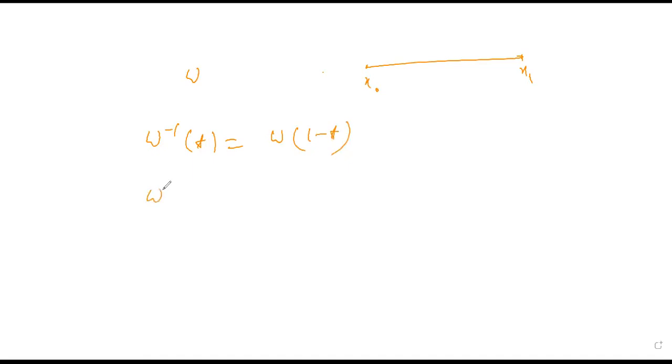We will show that omega star omega inverse is homotopic to epsilon x naught. But that we'll do in the next class, and we will conclude that if we consider loop classes at a fixed point, suppose x, then we have a group that is called the fundamental group of that space based at that point.